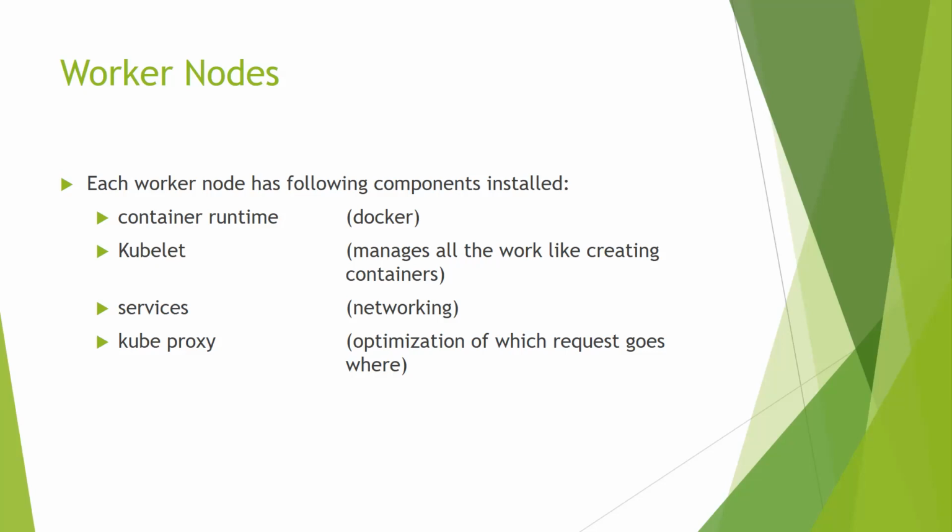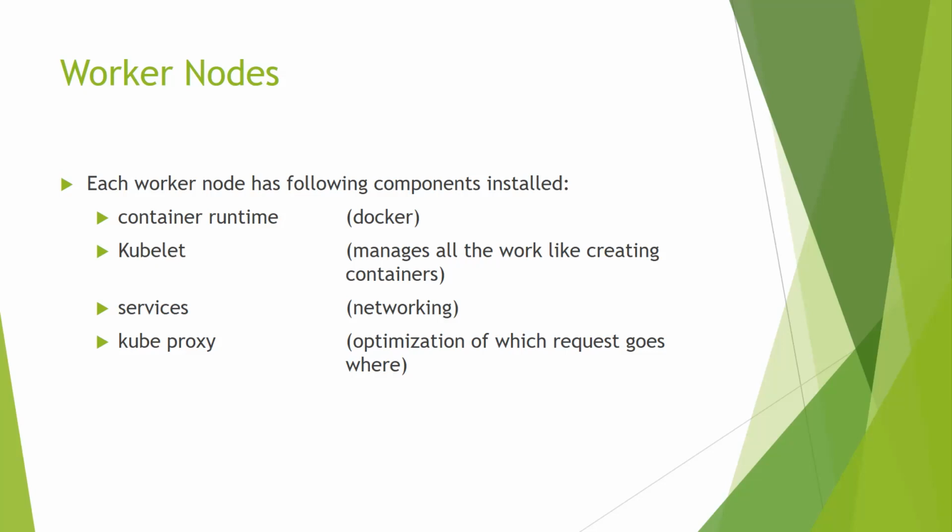What kubelet does is, it's a process, a service that manages all the work, like creating the container, recreating it, and everything done on the worker node is through kubelet. And the services, we know, are like the IP address and the ports. So it controls the load balancing and the networking, external and internal. The networking part is all handled through the services module.